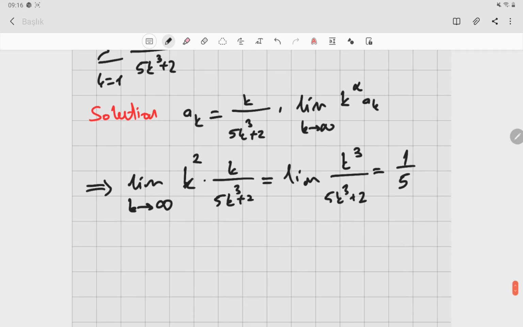Then we may apply the limit test because we chose alpha equals 2, and L is greater than 0 and smaller than infinity, and the limit that we found, I mean L, is 1/5, greater than 0.